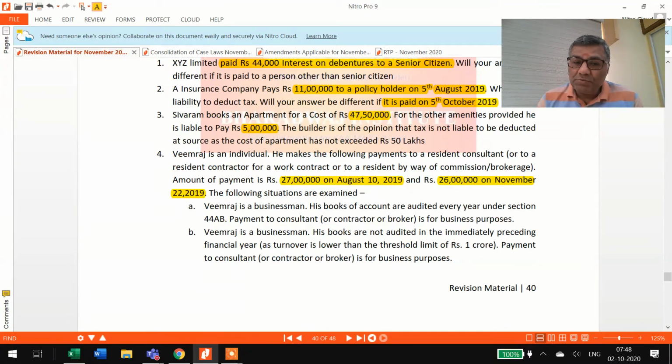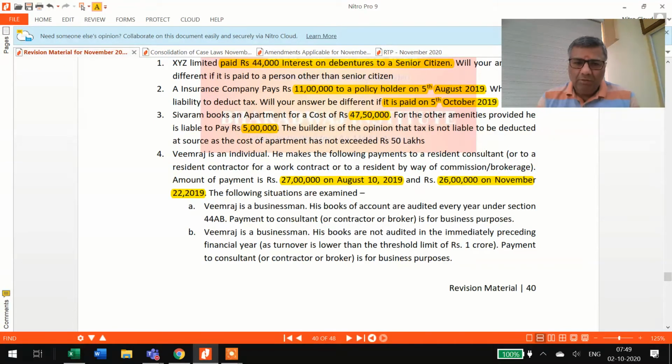The following situations are examined. One, Bhimraj is a businessman. His books of accounts are audited every year under section 44AB. Payment to consultant or contractor or broker is for business purpose.